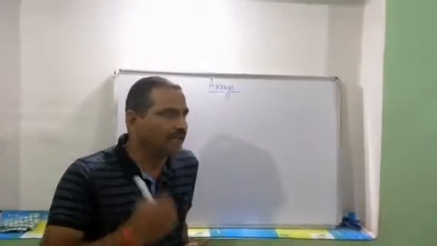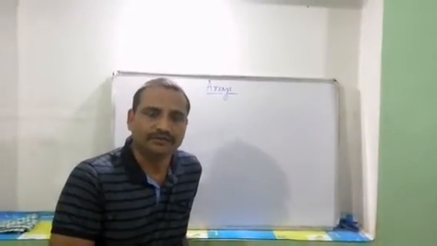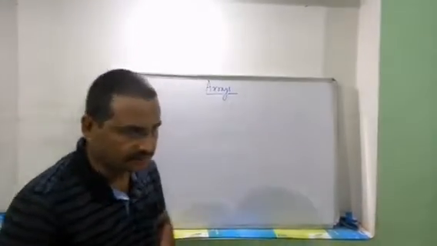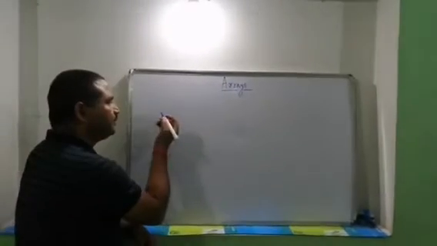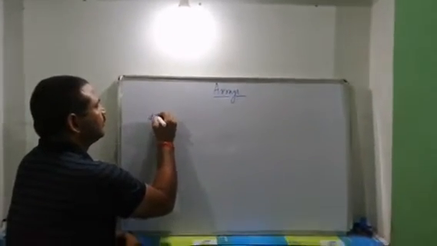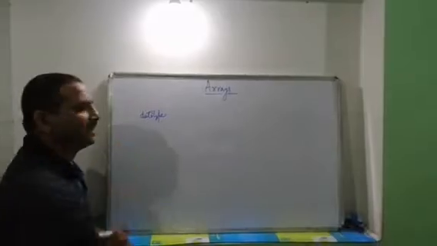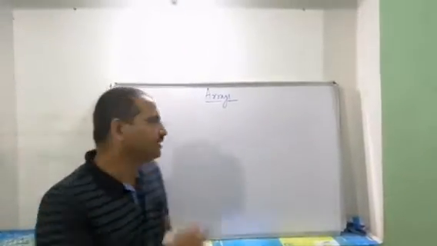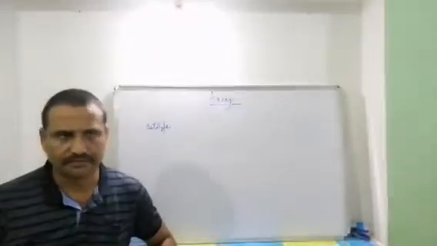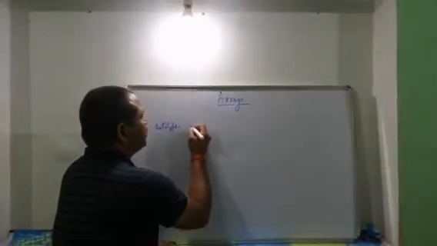Declaration I have already explained in the previous videos, so again I am revising. To declare any variable, we are using the data type, which type of value you are going to store in the variable, that data type we have to mention. Then the array variable name.